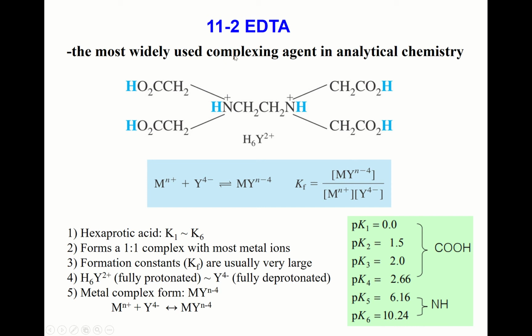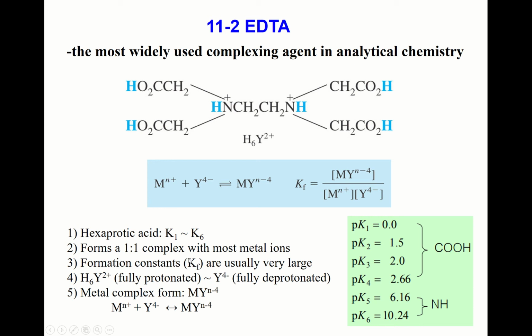The properties of EDTA: it is a hexaprotic acid, so we can write stepwise constants from K1 to K6. The amazing thing about EDTA is that it forms a one-to-one complex with most metal ions. Only a one-to-one complex is formed.